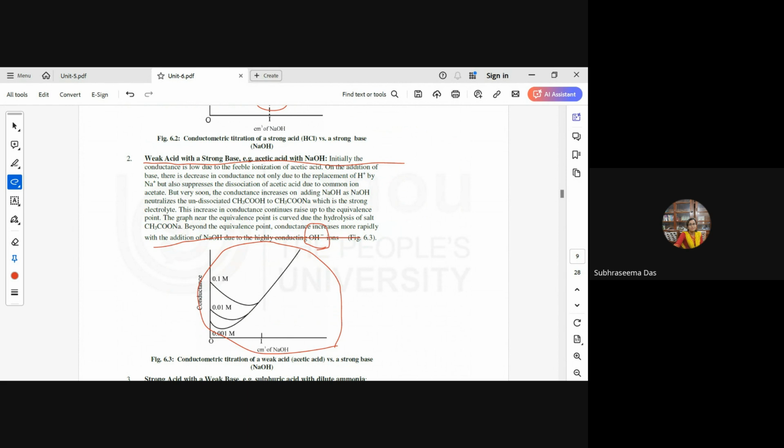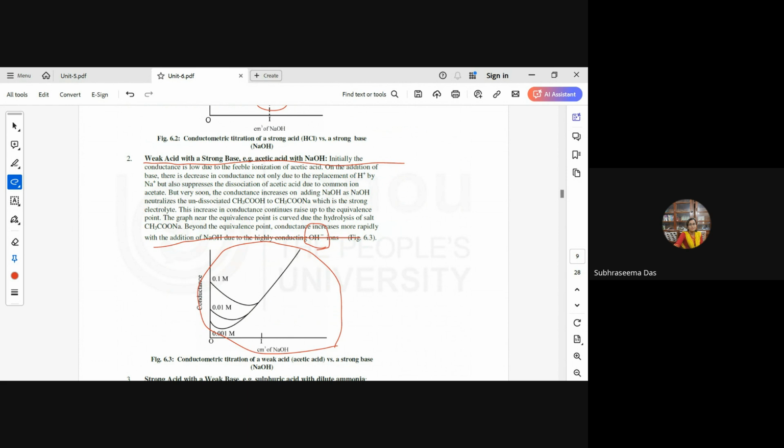But then the conductance again increases on adding sodium hydroxide because the sodium hydroxide reacts with acetic acid present in the solution to form sodium acetate, and we know that sodium acetate is a strong electrolyte. So this increase in conductance will continue till the equivalence point is reached.